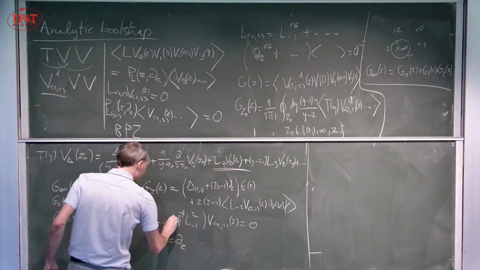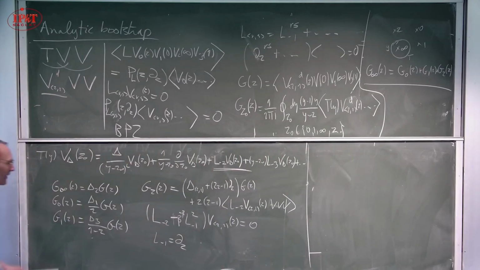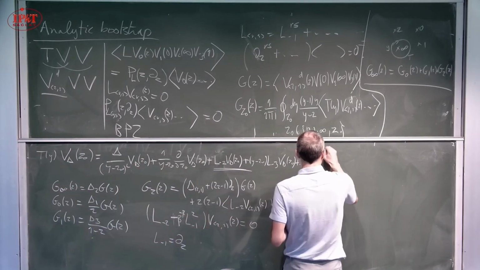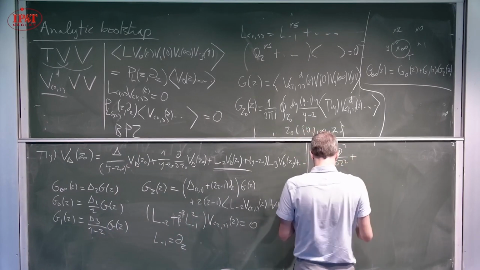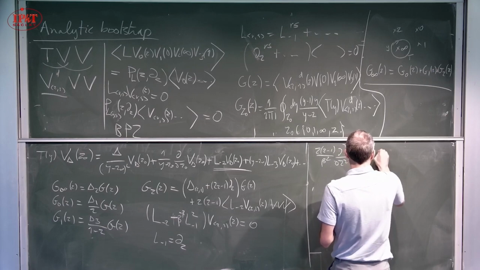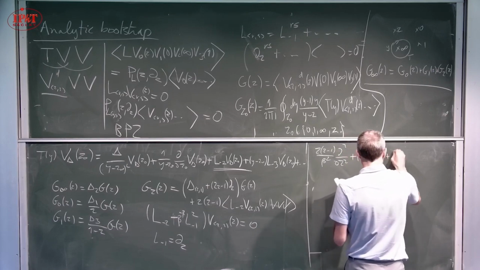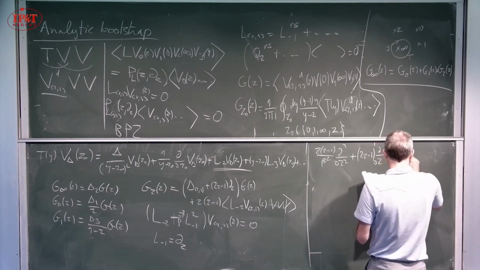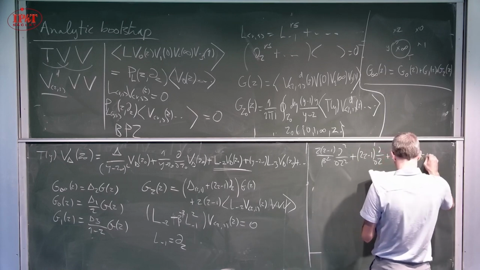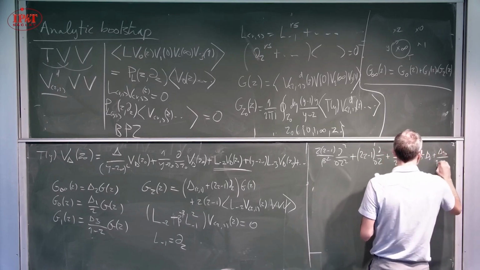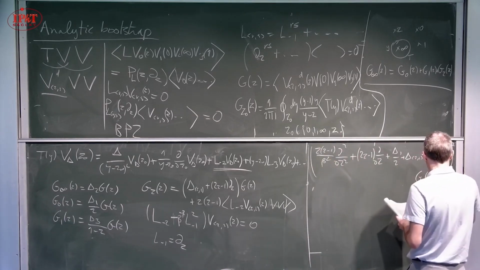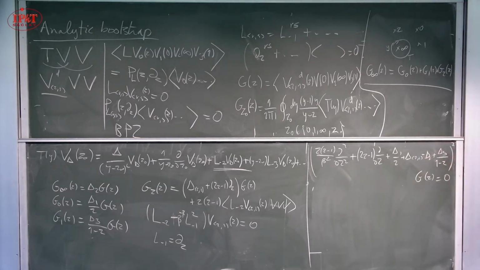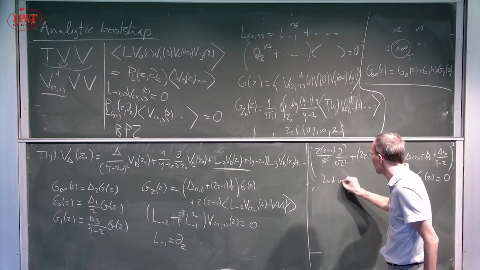Yes, I think there's a minus sign. Thank you. So the differential equation is z minus 1 over beta squared, d squared dz squared, plus 2z minus 1 d by dz, plus delta 1 over z, plus delta 2 minus delta 1 minus delta 2, plus delta 3 over 1 minus z. All this applies to G of Z. My 4-point function is 0. So that's the second order BPZ equation.